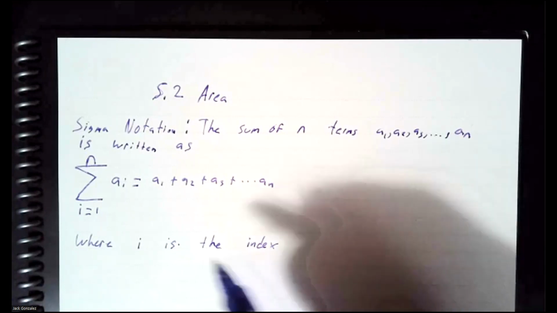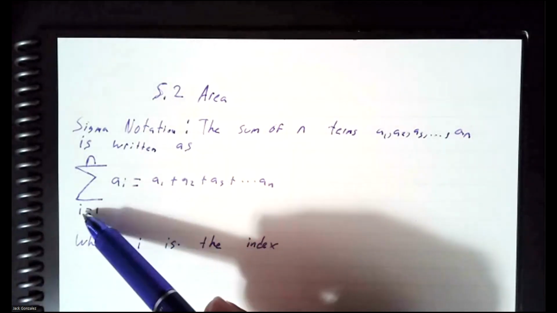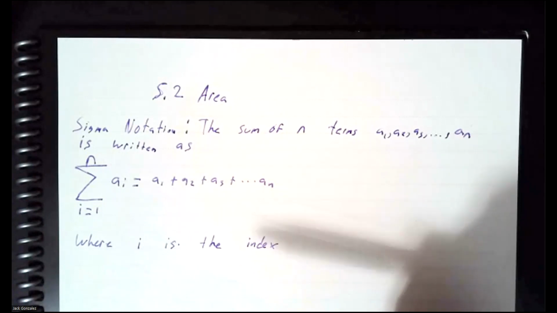All right, so the summation where i is the index, n is the endpoint.